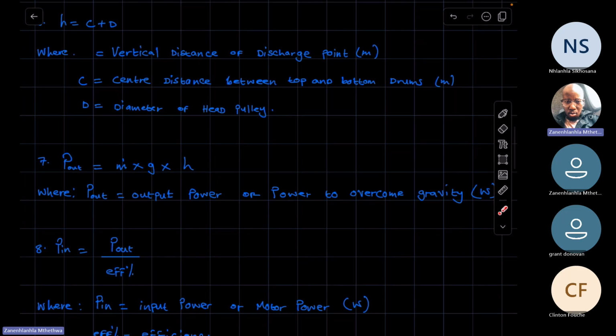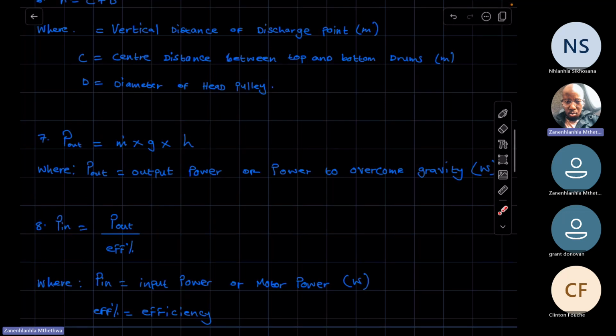And then from the formula for calculating efficiency, you work out the power input. From the formula for efficiency, making the power input your subject, this is what it becomes. And then from this, you get your power input, or your motor power, depending on how they've asked you to calculate it.